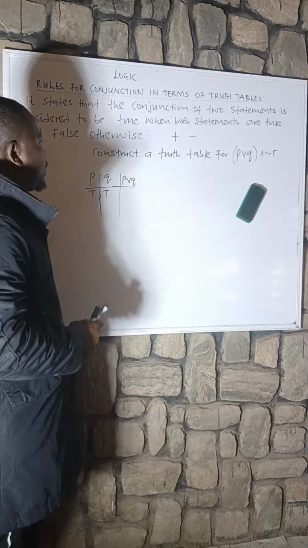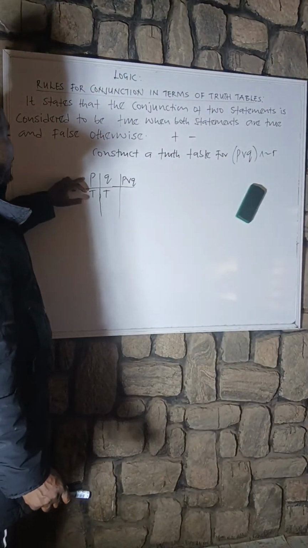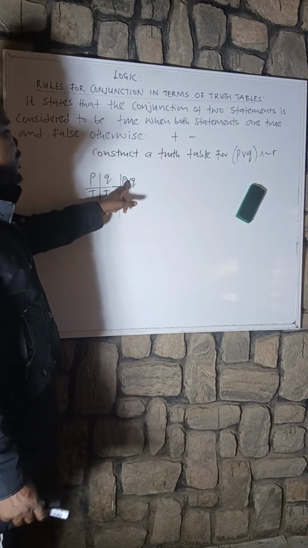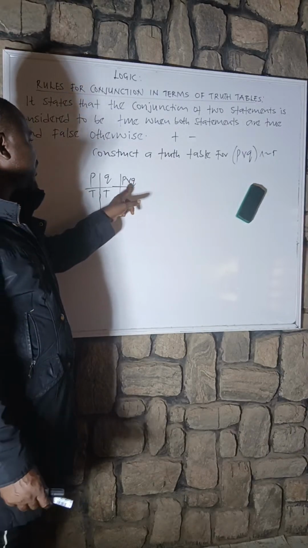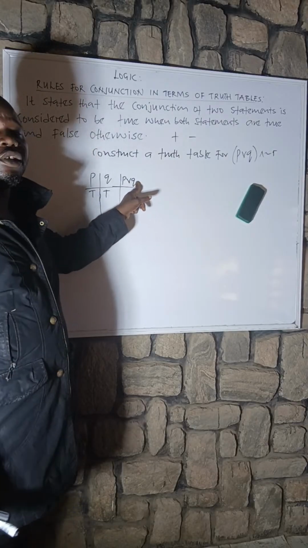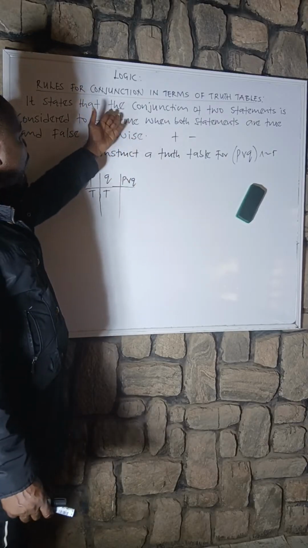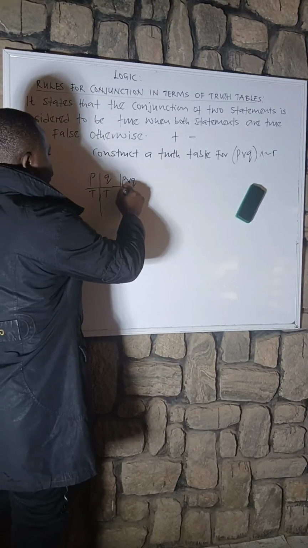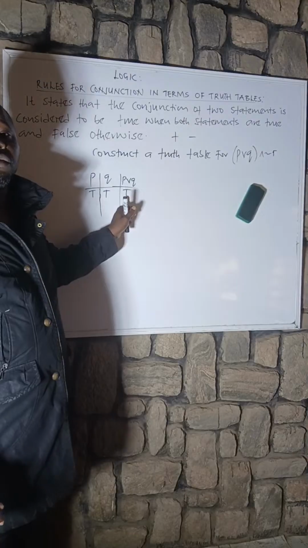So now here, our P is true, Q is true. So the conjunction of these two statements, P and Q, according to the rule, will be true.